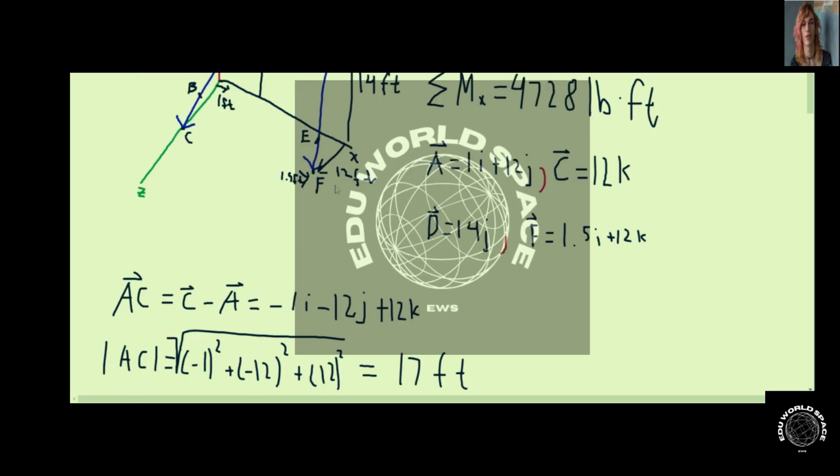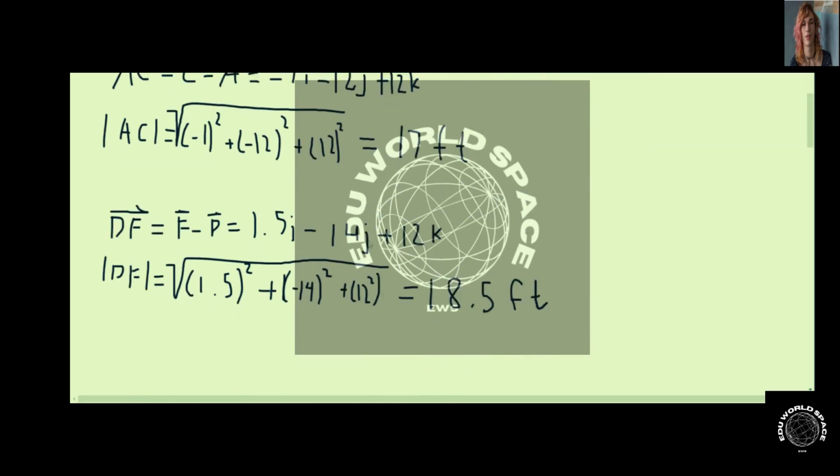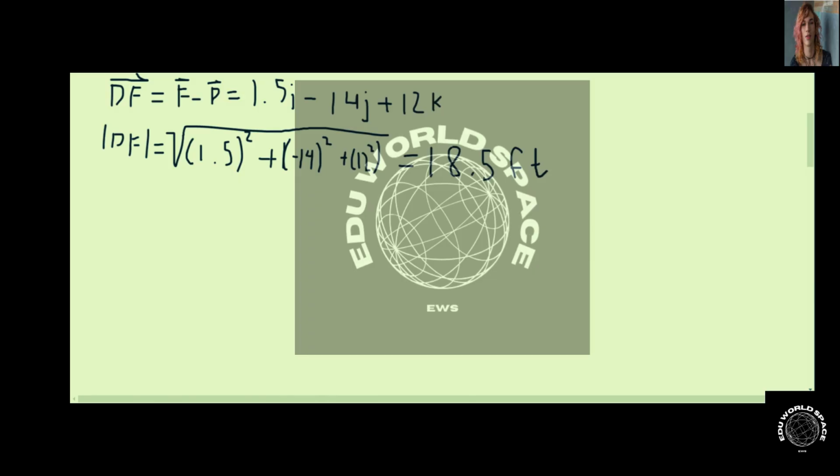Next, I'm going to write out the formula for the tension on the AB cable or the AC cable. So I'll write it as the tension vector of the AC cable. This will be equal to the magnitude of the tension times the AC vector divided by its magnitude.